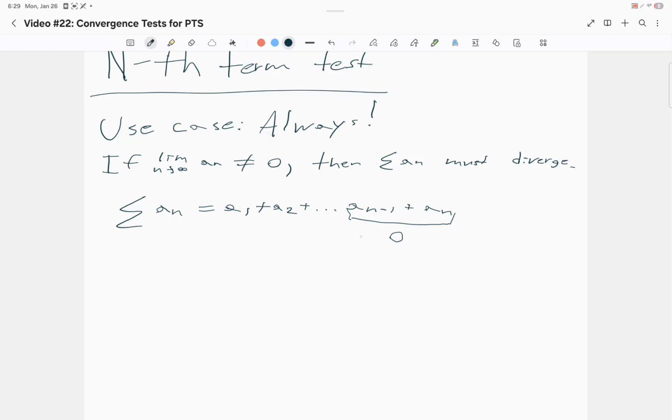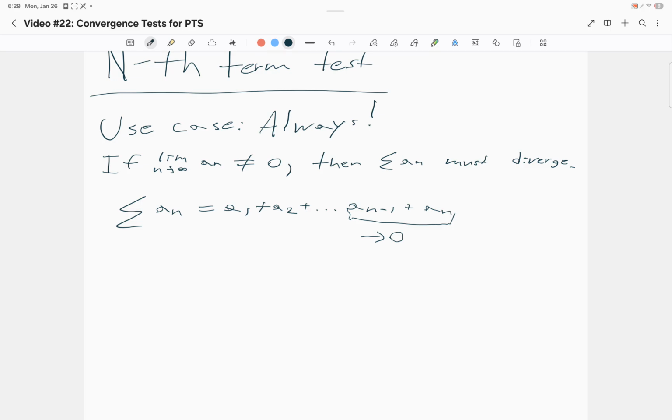They have to approach 0 because otherwise it wouldn't converge. We wouldn't get a specific value because we would be adding values that are not 0 at the very end.